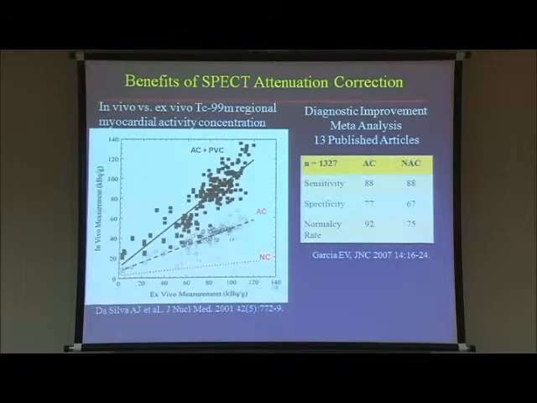And this is from a meta-analysis that I did in 2007, looking at studies from over 1,000 patients, showing the increased gain in specificity and particularly normalcy rate and no loss in sensitivity. So how can you do attenuation correction in these devices?